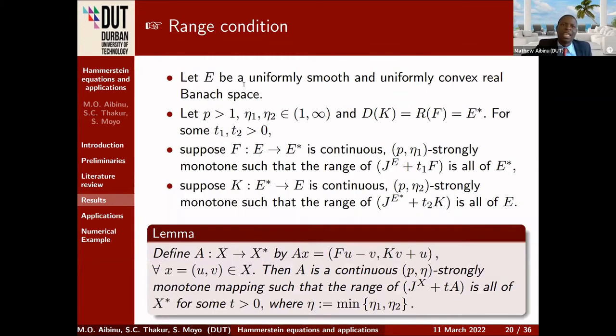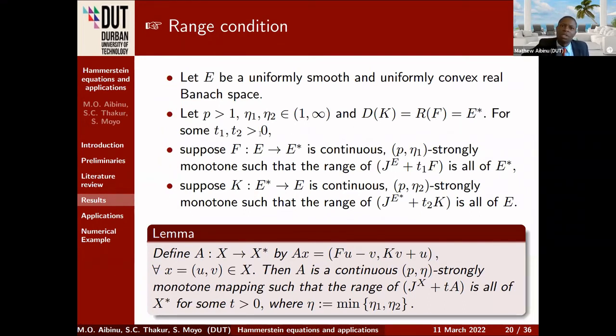Let E be a uniformly smooth and uniformly convex Banach space, and let p be greater than 1, with eta 1 and eta 2 as stated, and also the domain of K and the range of F coincide, which is equal to E star.